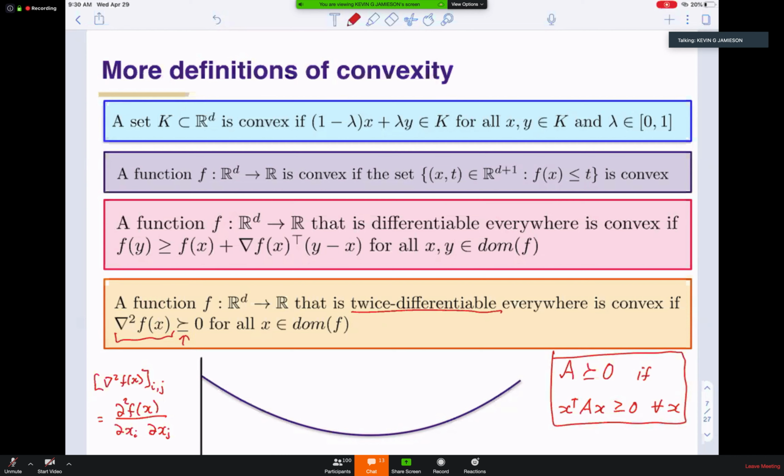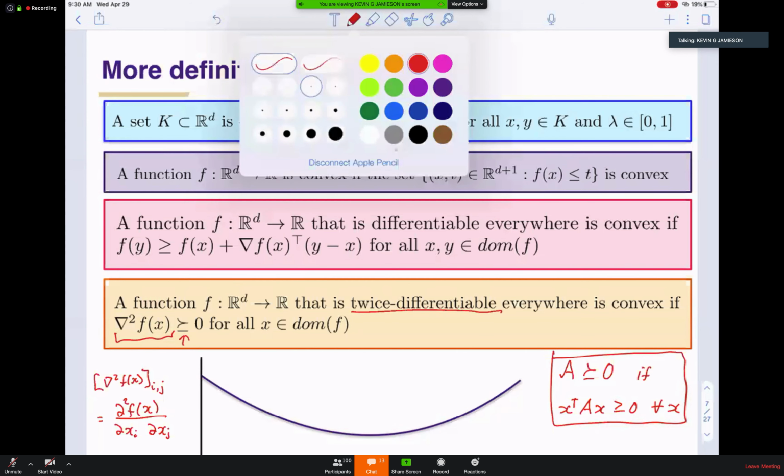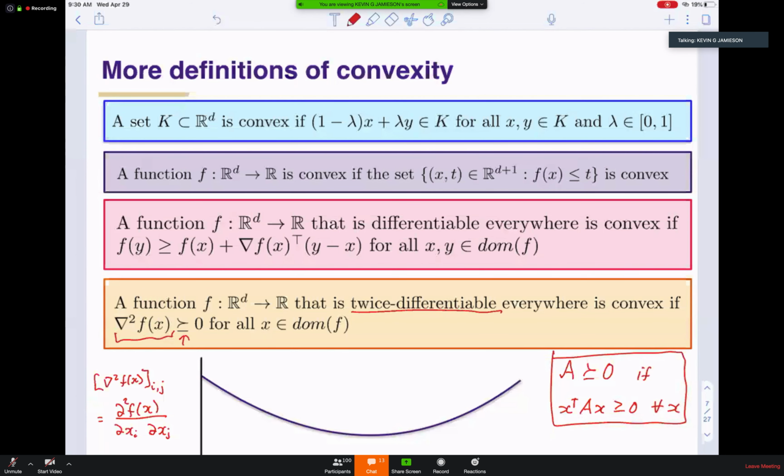We'll get more into positive semi-definiteness when we talk about covariance matrices and SGD and things like this. But for now, just take these as definitions because it's very useful. So as an example, basically it's saying that the curvature is positive everywhere. And that is very much the definition of a bowl.